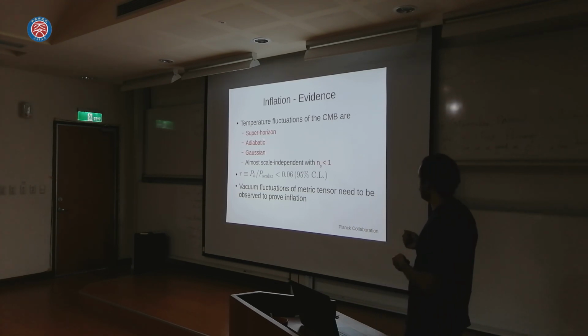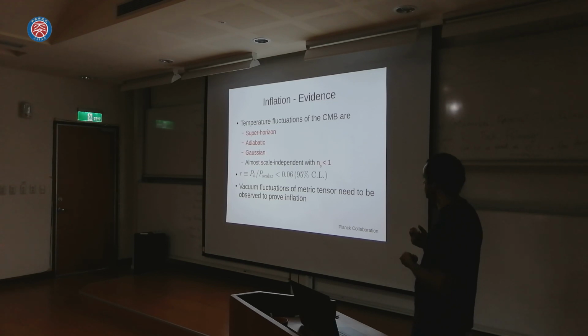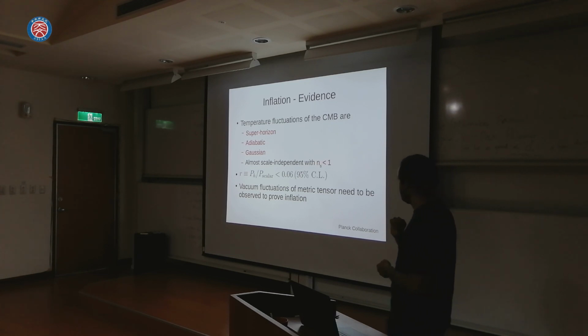And these have been shown to be super-horizon, and they have also been shown to be adiabatic, which is one other very robust prediction of inflation theory. We've also found that they are very close to Gaussian, with almost no non-Gaussianity, and they have been shown to be almost scale independent.